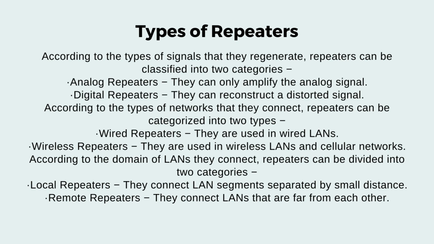According to the types of networks that they connect, repeaters can be categorized into two types. Wired repeaters: they are used in wired LAN. Wireless repeaters: they are used in wireless LAN and cellular networks.